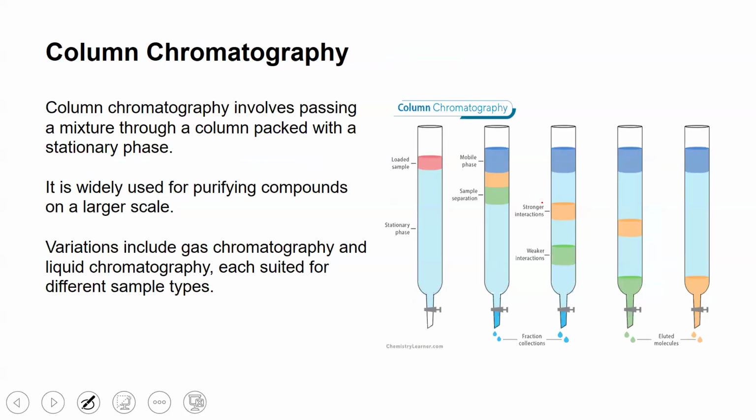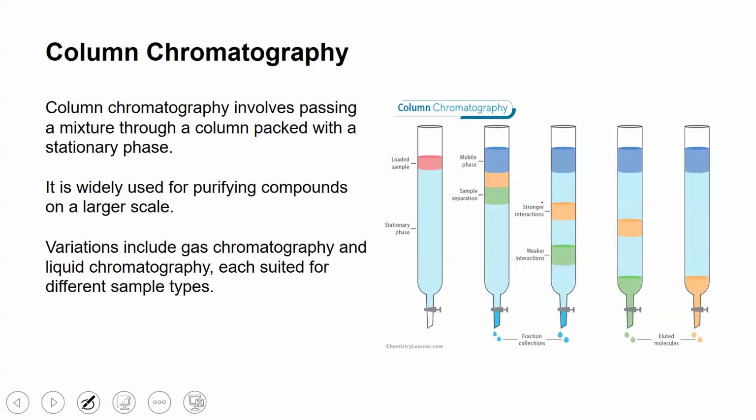Then the next thing is column chromatography. Column chromatography involves passing a mixture through a column packed with a stationary phase, and it is widely used for purifying compounds on a large scale. That is what we use. So if you have a mixture of compounds and you want to separate them, you apply column chromatography.